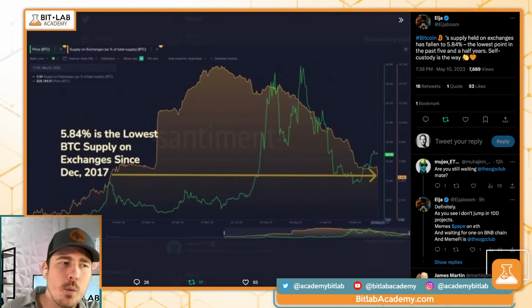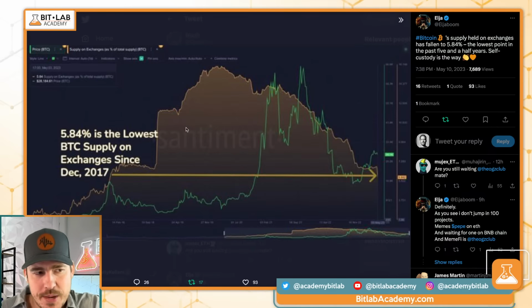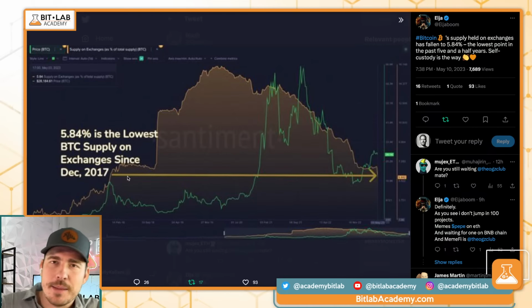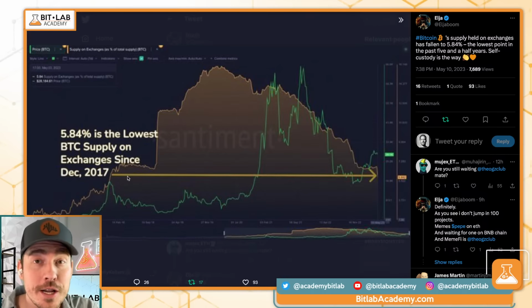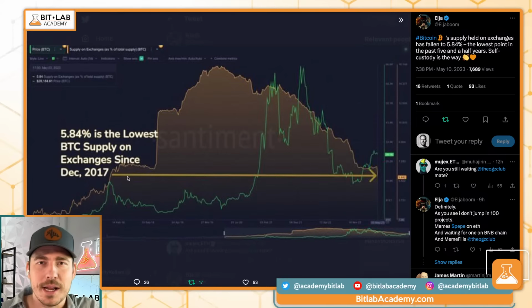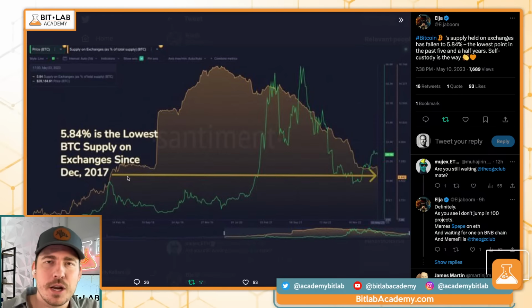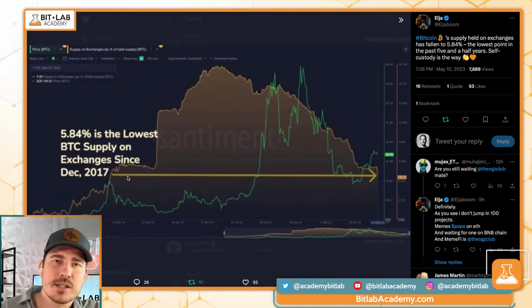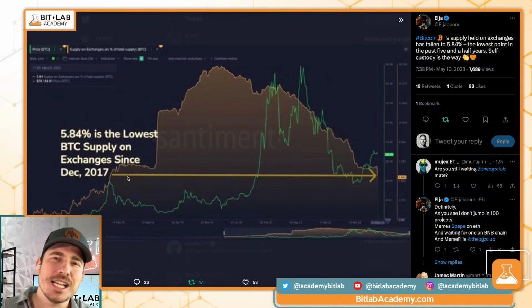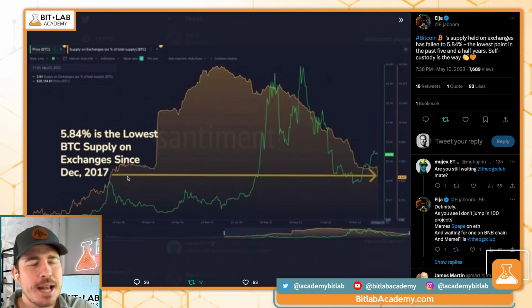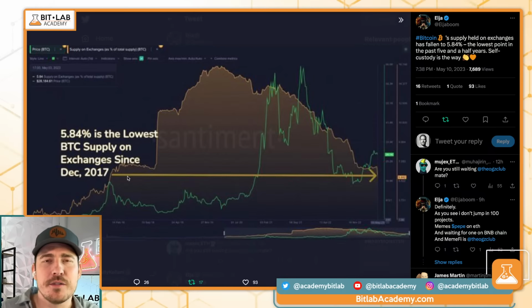But you see, we get basically the lowest Bitcoin supply on exchange since 2017, the opposite of banks. It shows that the maturity of Bitcoin is growing as people hold less of their coins in somebody else's custody. You're holding it yourself. Think about that antithetical situation. Bitcoin is better when you hold it yourself. Banks are worse off if you hold your money yourself.